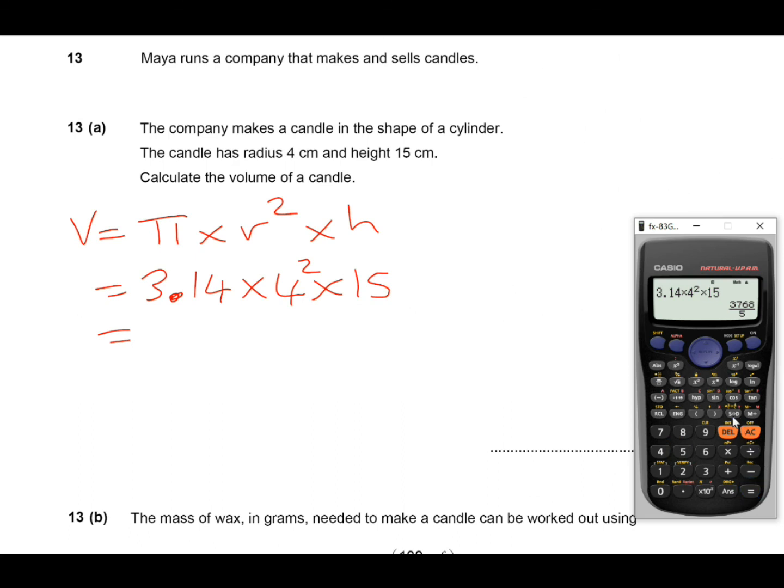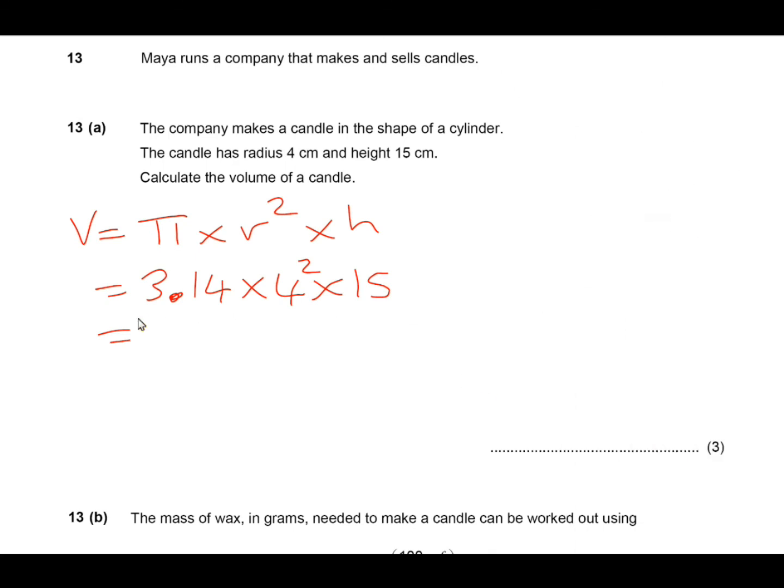Press equals the SD button and you get 753.6 centimeters cubed. 753.6. And don't forget the units of centimeters cubed because we're talking about volume.